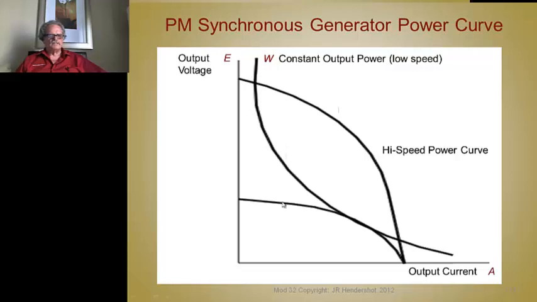The output voltage is a function of the speed. Here's the output power, but at high loads that will drop. So here's your constant power output at low speed.